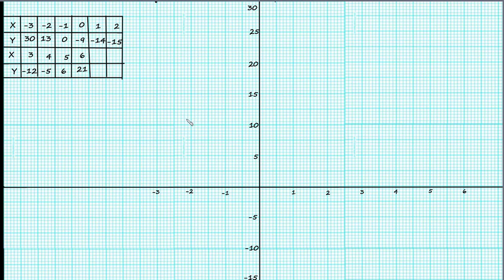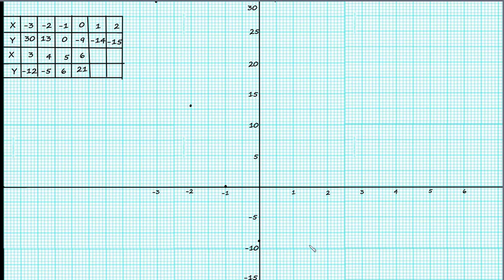When this is our 10, this will be 11, this is 12, and this will be 13. So you shift 2 lines to make 1 unit. Our minus 1 is 0. Our 0 is minus 9.